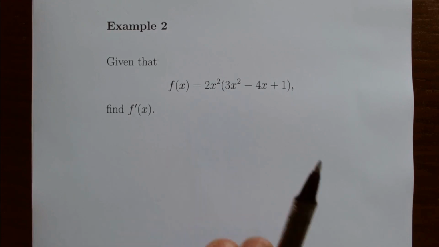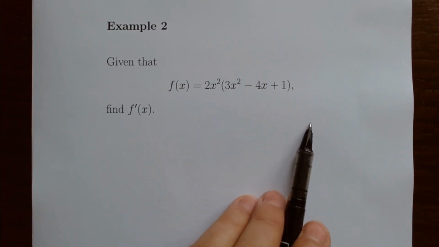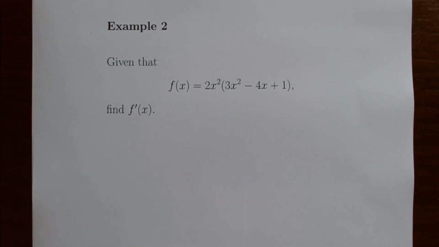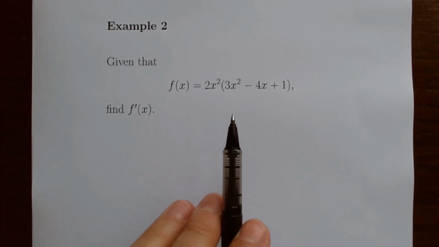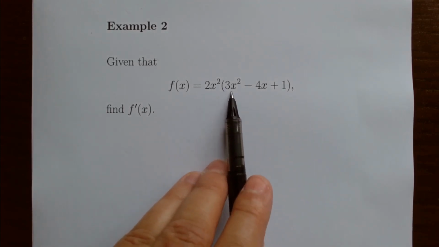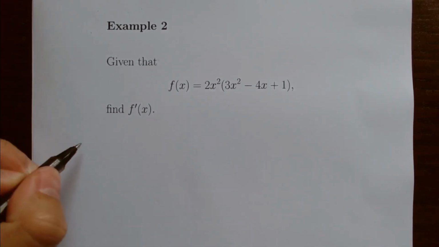And the method is that we must first expand the bracket to get a polynomial, then we can differentiate it. But before we do that, there's a mistake that we could make. You might think, if you're given this, why don't we just differentiate it term by term, and then we have the answer. That's going to be the incorrect method, and I'll actually demonstrate that now.